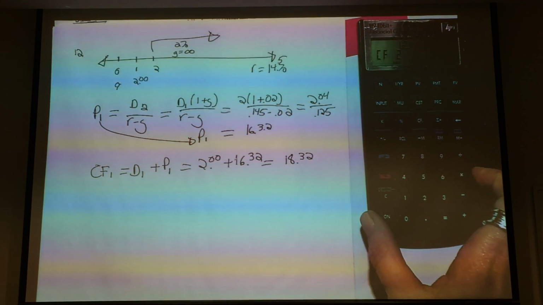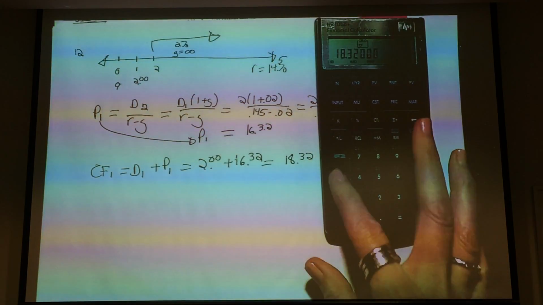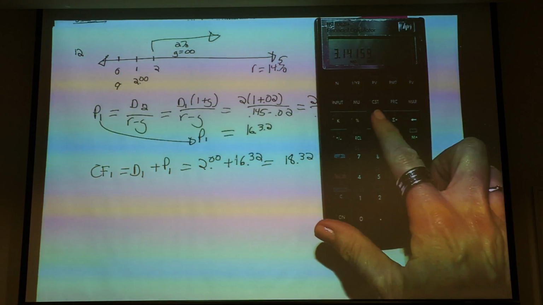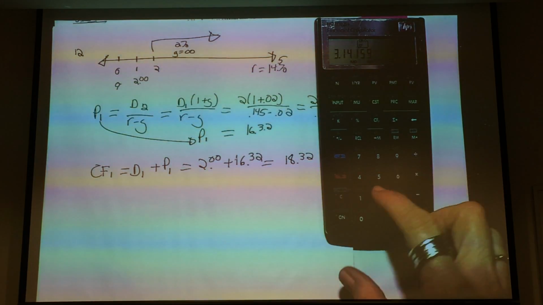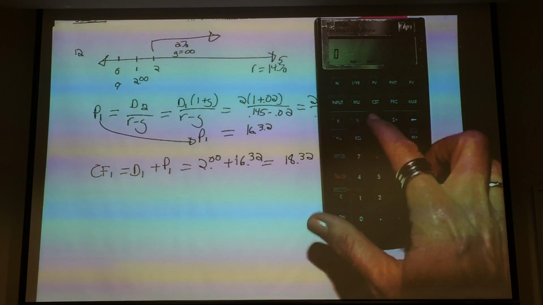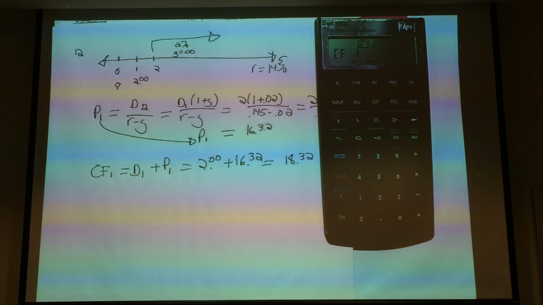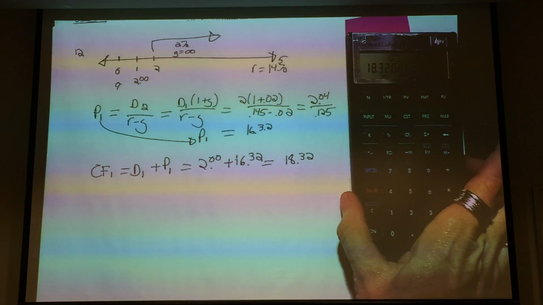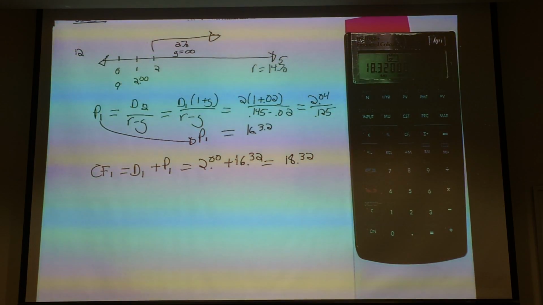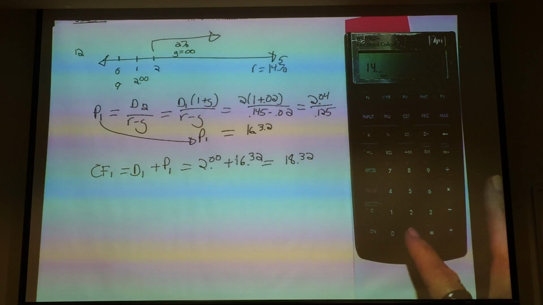That's my cash flow. Cash flow 0, then 18.32. I'm gonna discount that at what rate? Right, 14.5.